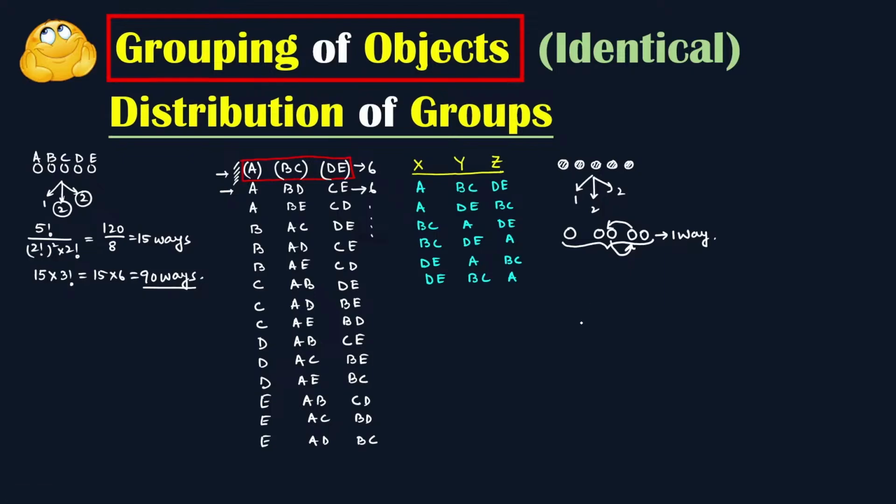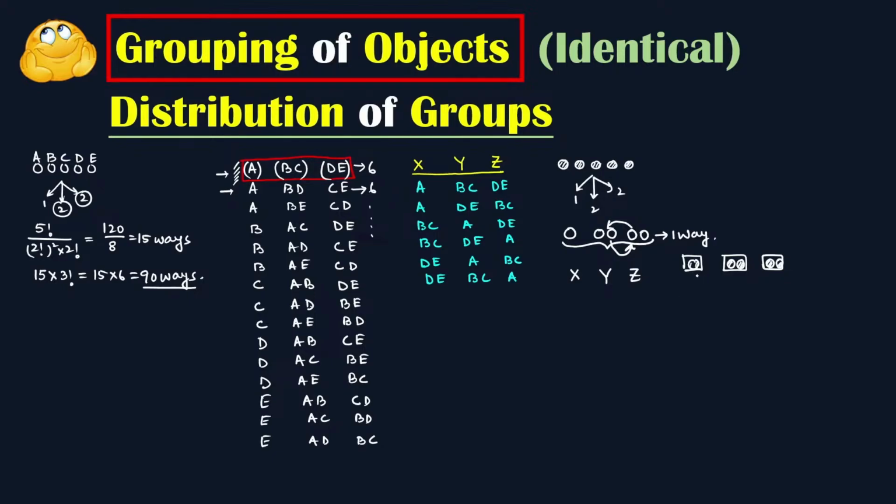Now my question is, if I want to distribute these groups among 3 people X, Y, Z, in how many different ways can we do that? Obviously, we have 3 groups, one containing 1 ball, another containing 2 balls, and the third containing 2 balls. Now, all balls are identical.